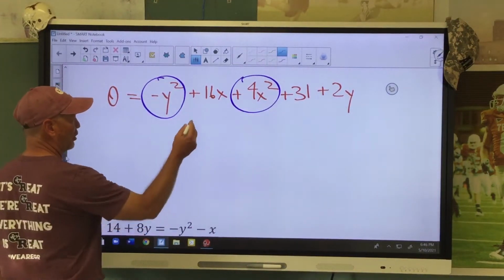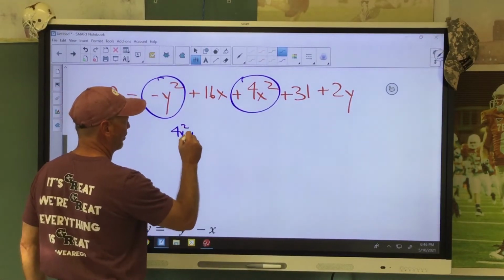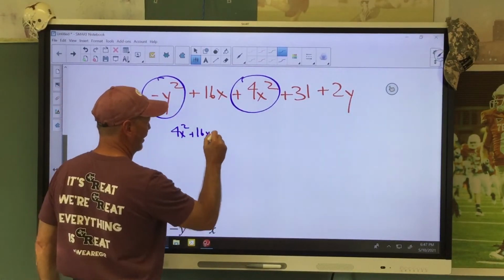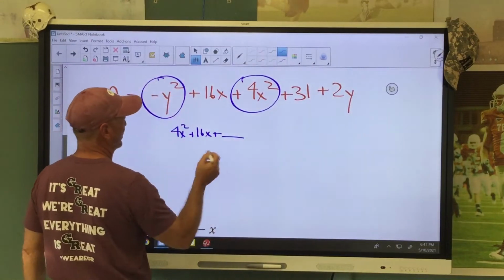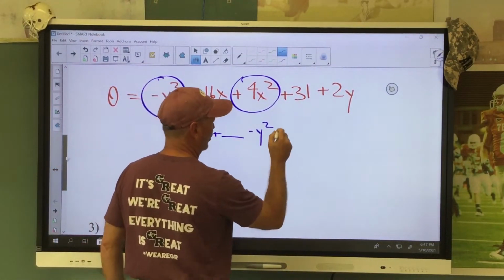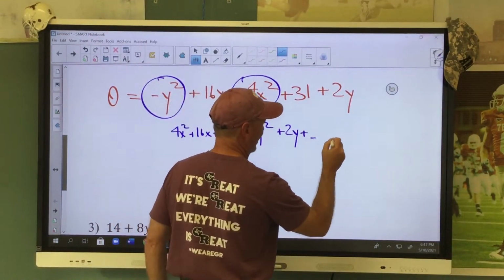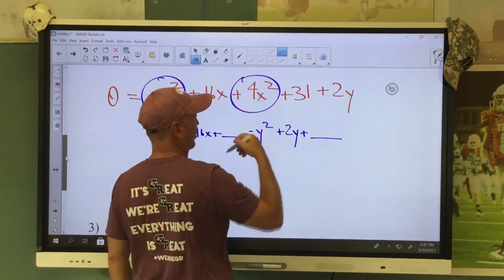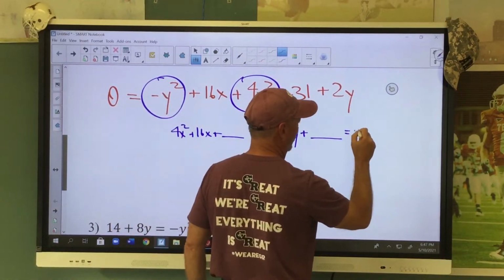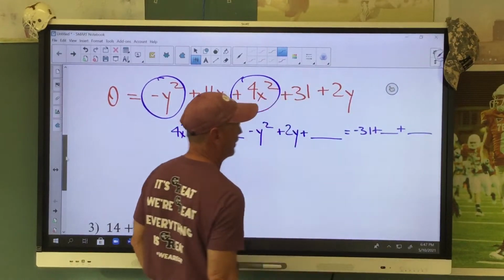I would ask you to do it, I would go 4x squared plus 16x plus blank. I would say negative y squared plus 2y plus blank. I would move the 31 to the other side and that would equal negative 31 plus blank plus blank.